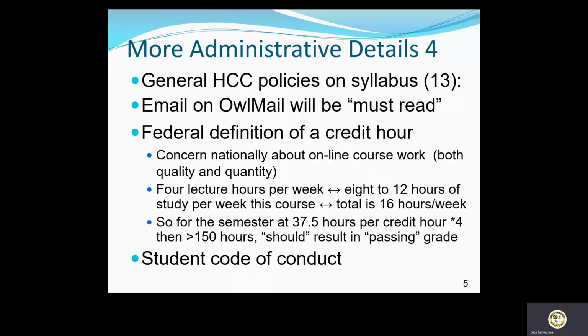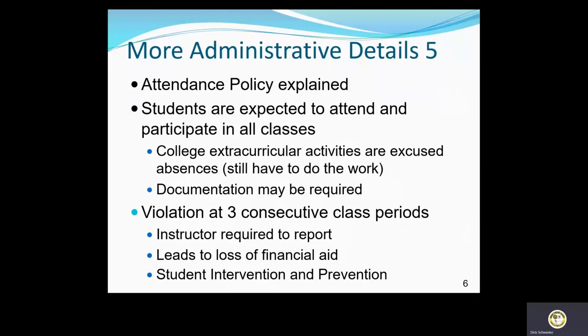There's a student code of conduct noted in the syllabus, and it's pretty much the same for all community college courses. There's the college attendance policy explained, which basically says you're expected to show up.